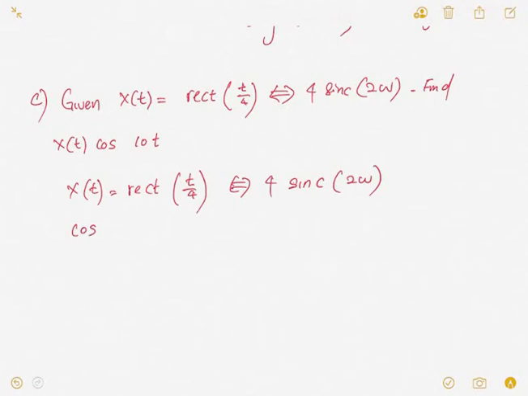So what about cos 10t x(t)? That is equivalent to, for the cos, half of X(omega minus omega naught), where omega naught is 10 because it is cos 10t, plus X(omega plus 10).